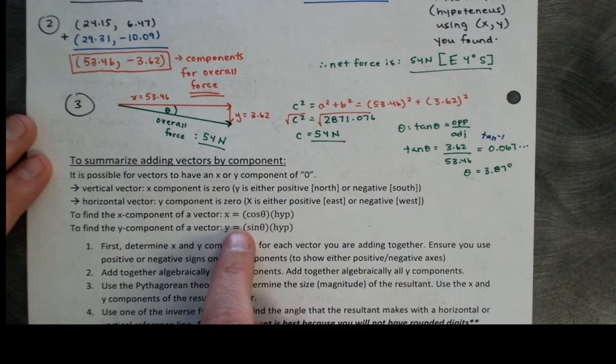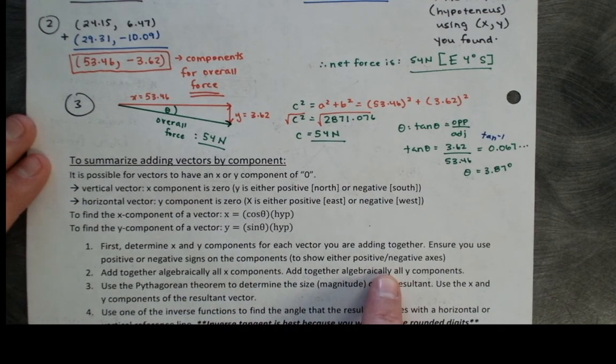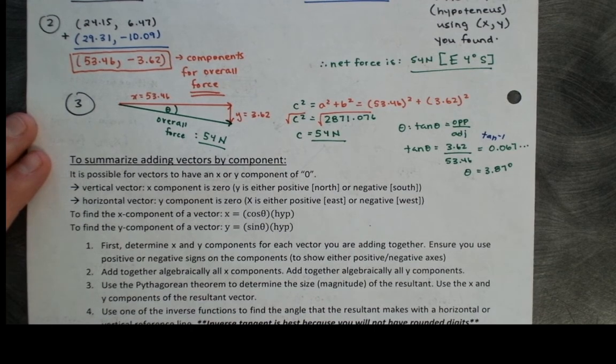Then if you're going to add vectors together, you need your x and y first. You add your x's and your y's together to get your new components for your overall force. Once you have those components, you find the magnitude of your hypotenuse, and you use tangent usually to find your angle. All right, thanks for watching.